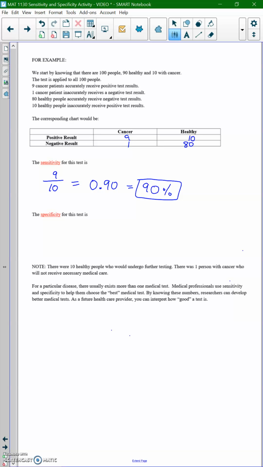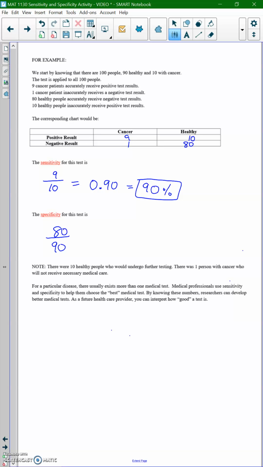Now, the specificity of the test measures how well the test identifies those patients who do not have the disease. So if we look at how many people out of our 100 did not have the disease, that's 90 people. And out of those 90 people, how often did we tell them, yes, you are healthy? That was 80 of them.